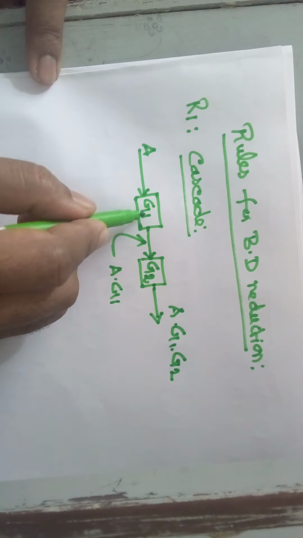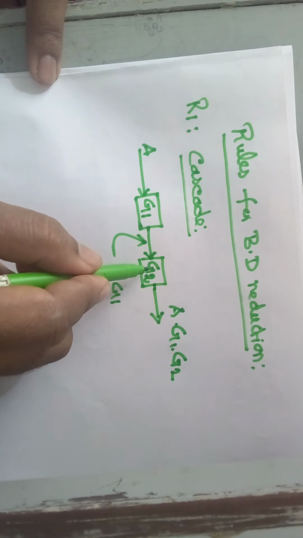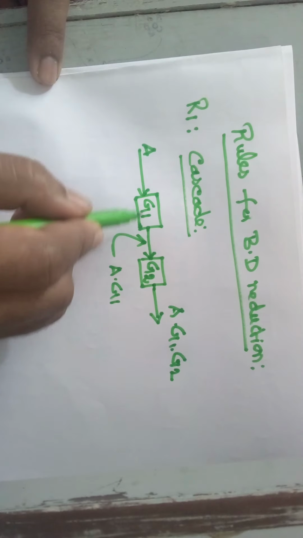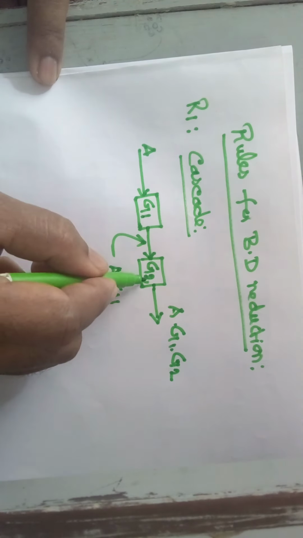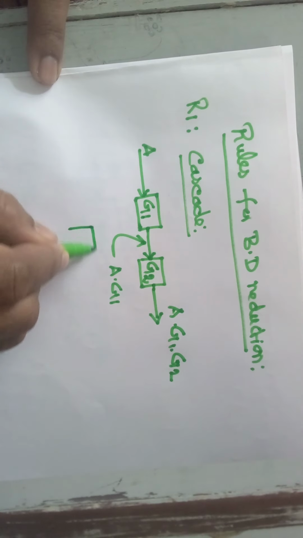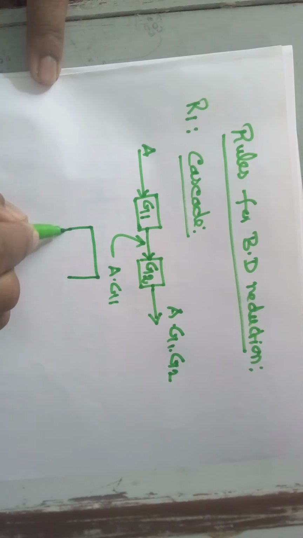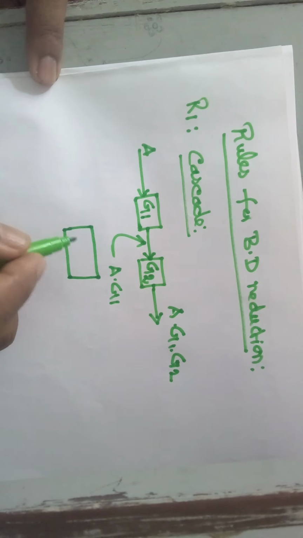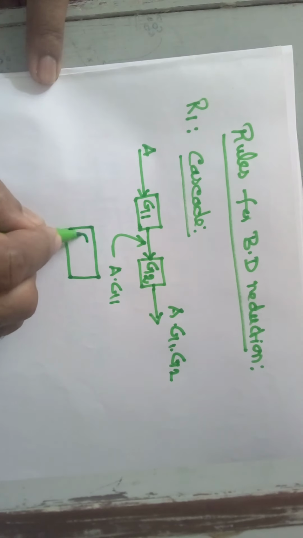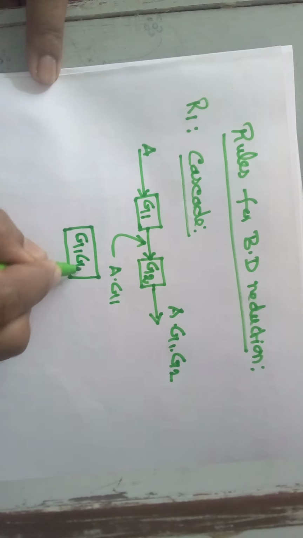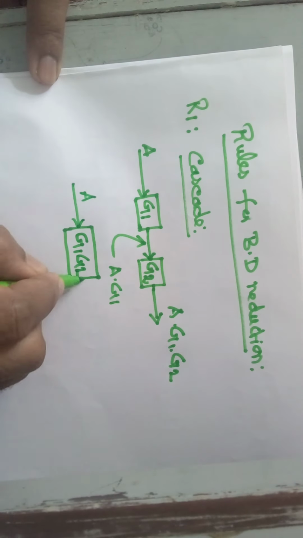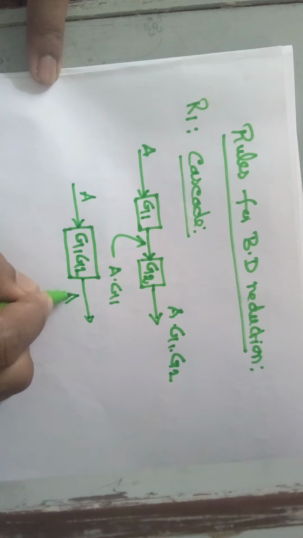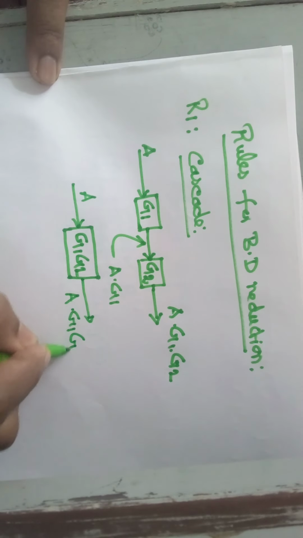Now these two blocks are connected in cascade. How do we reduce this block diagram into a single block? You see, these gains G1 and G2 are connected in cascade, therefore we can replace them with a single block G1 G2. Now the input is A, and the output is A into G1 into G2.